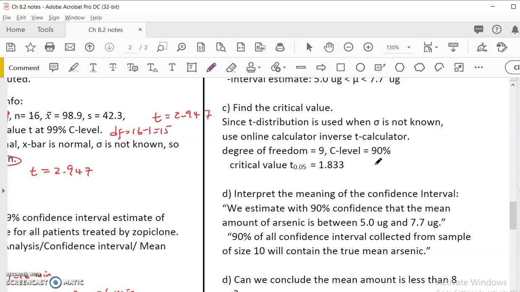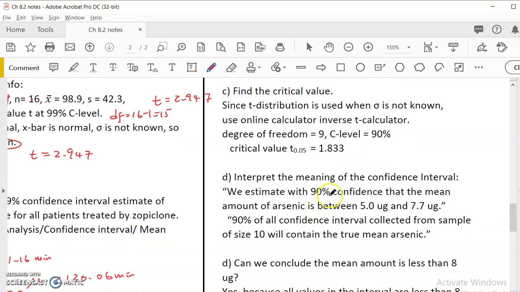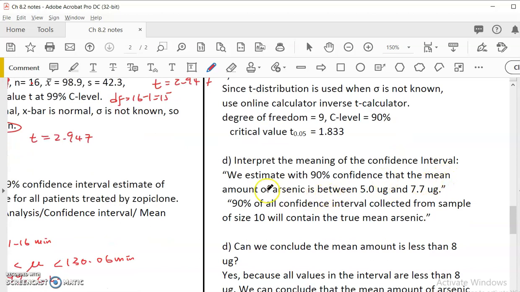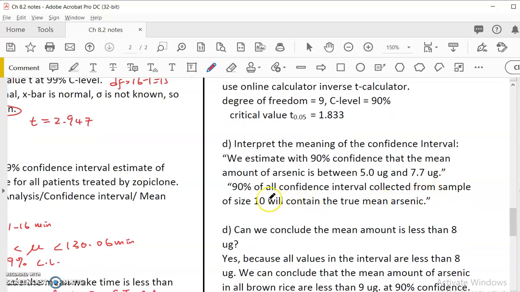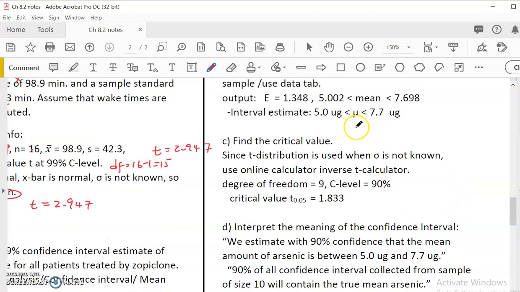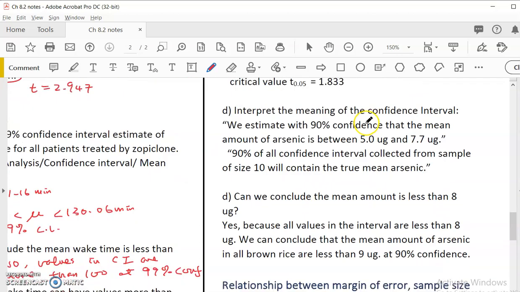Interpret the meaning of the confidence interval. So we say we estimate with 90% confidence that the mean amount of arsenic is between 5 micrograms to 7.7 micrograms, or 90% of all confidence intervals collected from samples of size 10 will contain the true mean arsenic. So you have one interval that you calculated, so this may contain your mean, but 10% of them don't.